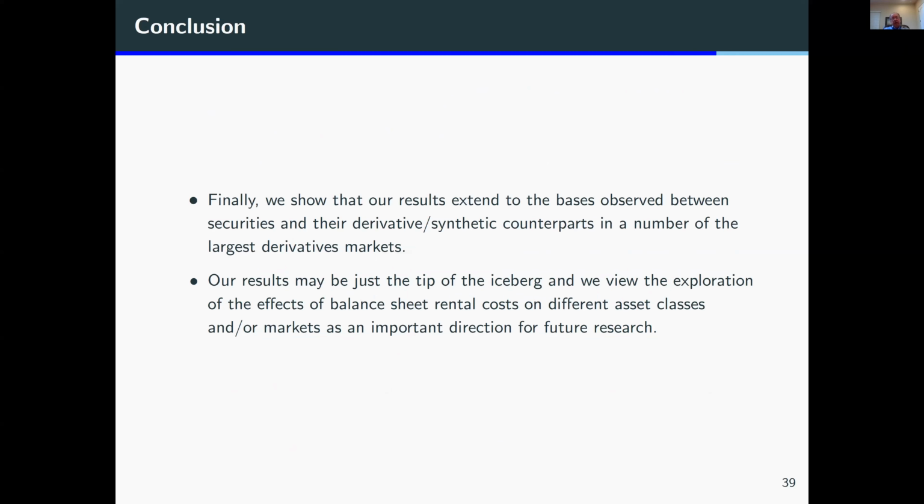And finally, we show some evidence that these results extend to bases observed in other securities and other derivative-synthetic pairs. So this suggests that our results may just simply be the tip of the iceberg, and that now we should think about exploring whether the effects of balance sheet rental costs are an important factor in any derivatives model.